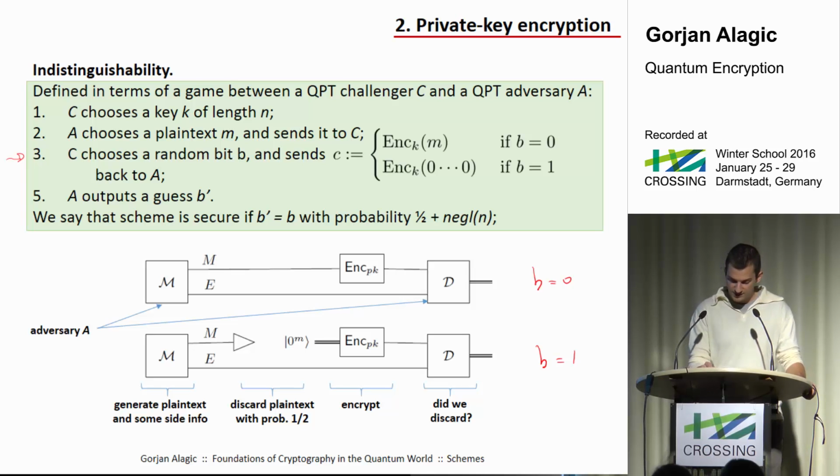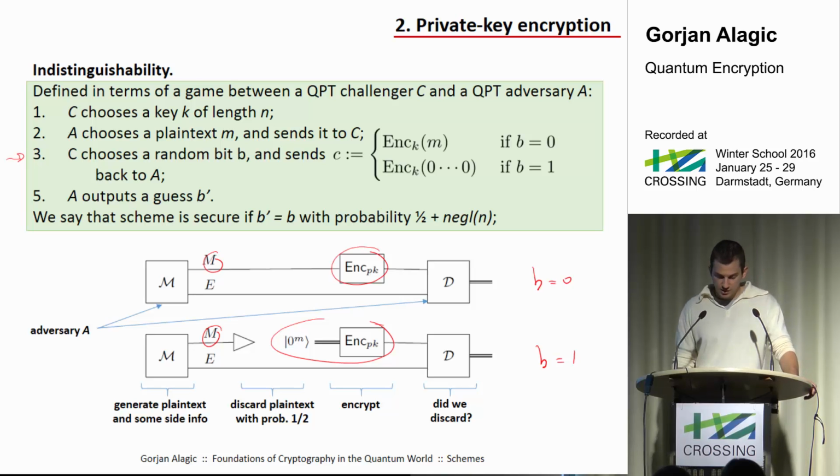Here we see that the adversary chooses some message and sends it to the challenger, and then the challenger either encrypts that message and sends it back, or discards it completely and then encrypts 0 and sends that back. So those are the two possibilities.